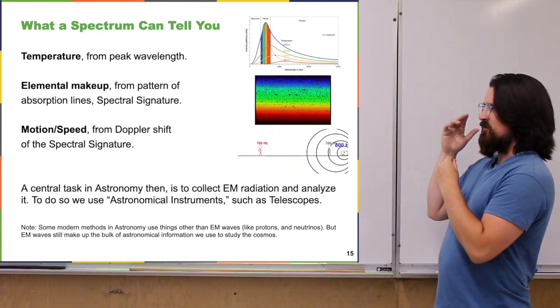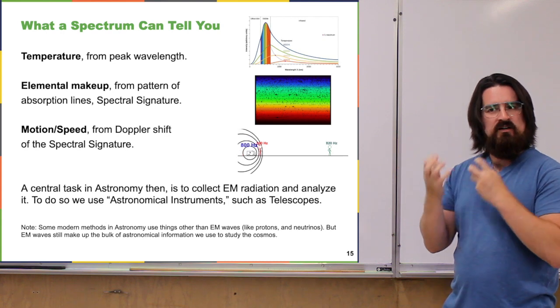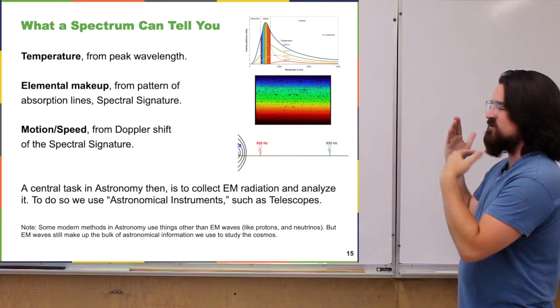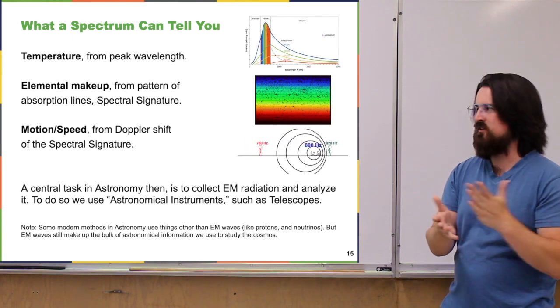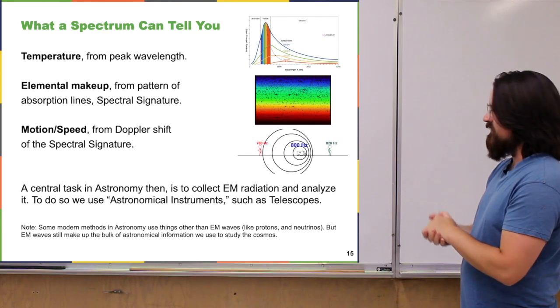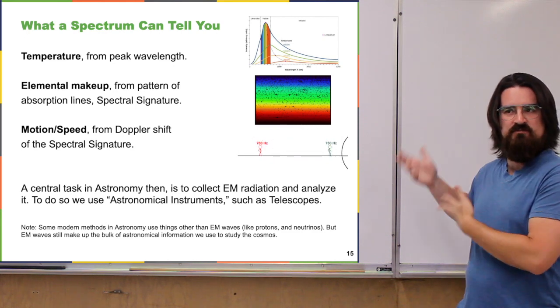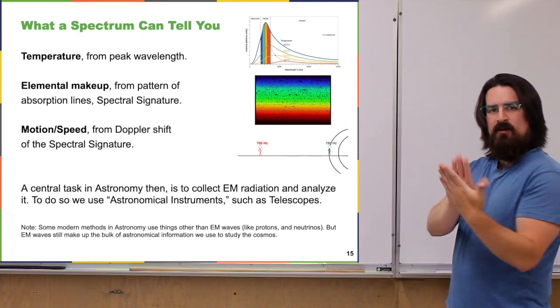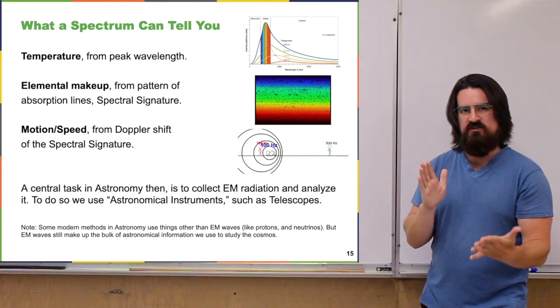We can tell about the elemental makeup, like what gases make up that star or that object, and that's from those spectral signatures, the emission lines, and particularly the pattern of the emission lines. And then finally, we can tell something about its speed or its motion relative to us, and that has to do with the Doppler shift of those spectral signatures.